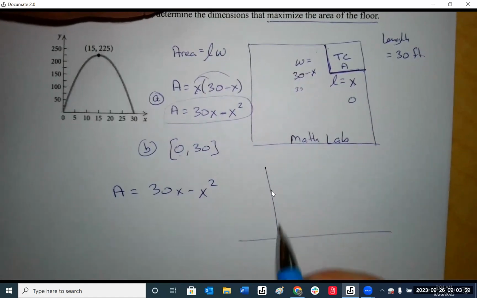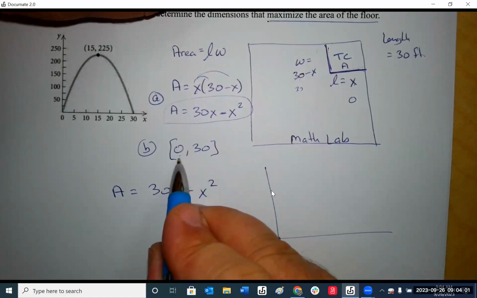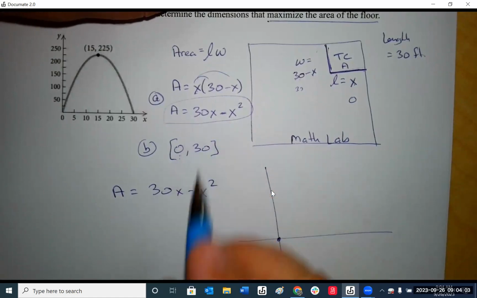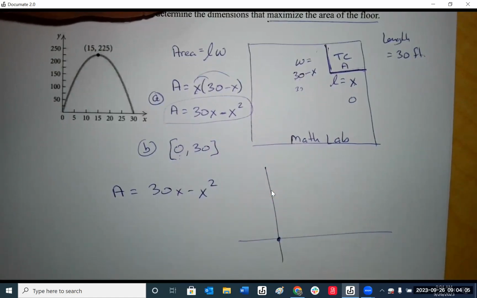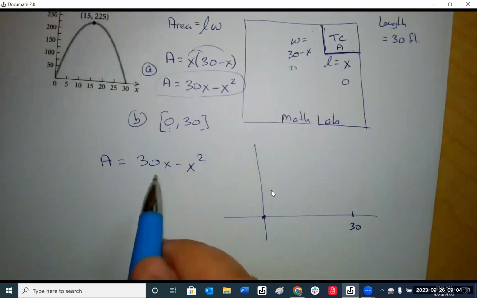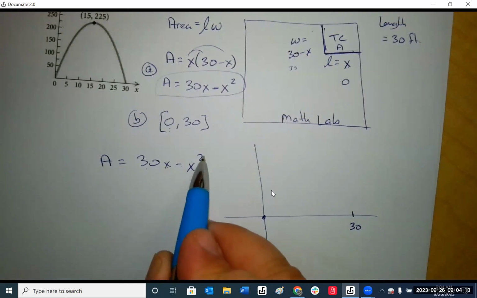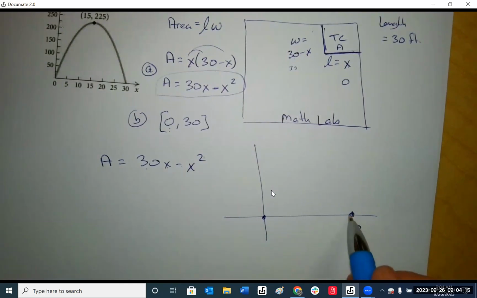Since the smallest is zero, if we put X being zero inside this equation, we get zero. And if we put 30 inside there, 30 times 30 is the same thing as 30 squared, so it's also zero.